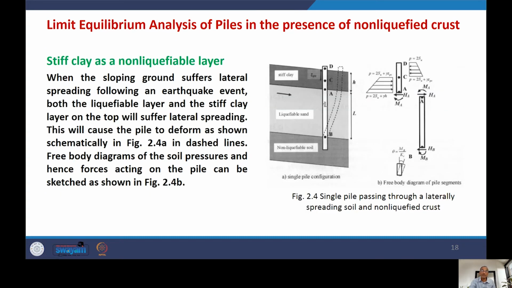What do you have in this problem? The top layer, which is stiff clay, is subjected to lateral spreading, and this also applies the inertial load on the system.